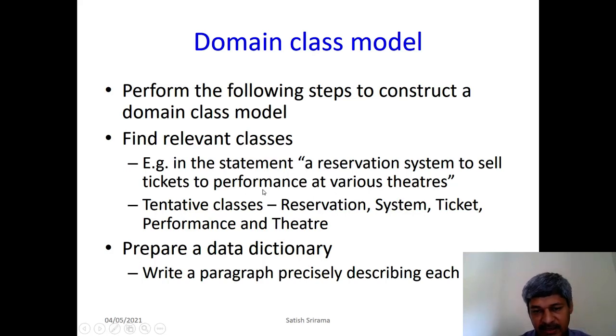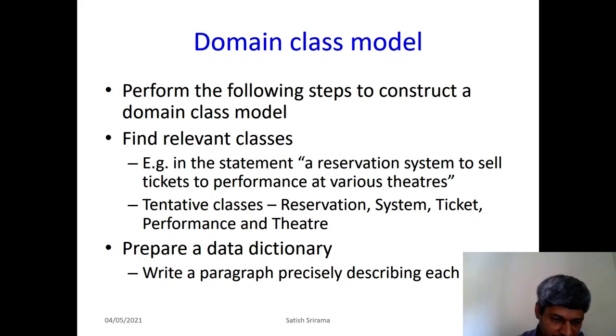The performance is something like a dance or an event. The performance is also a class, and a theater is also a class. This is just one example to remind you how you design classes. Once you have the detailed problem statement from the system conception, in the domain class model preparation you first identify the relevant classes. That's the first step.